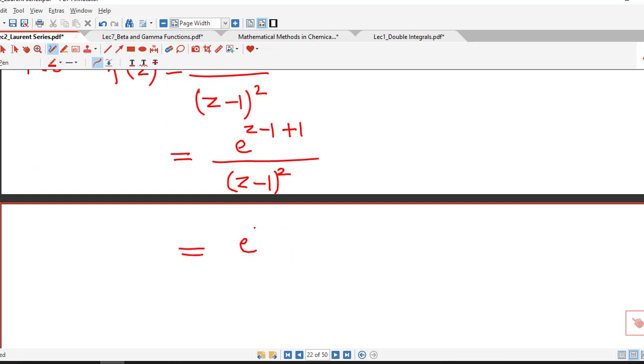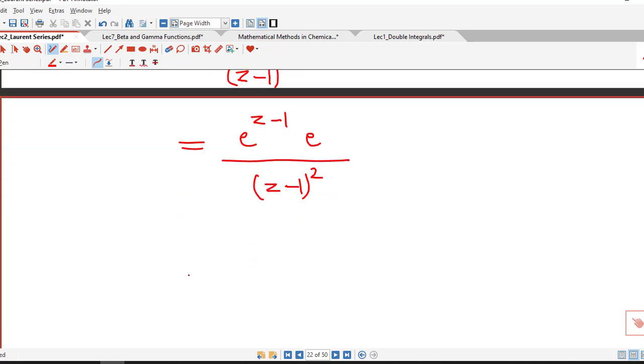This can be rewritten as e raised to z minus 1 times e, divided by z minus 1 whole square, and again as e divided by z minus 1 whole square times e raised to z minus 1.